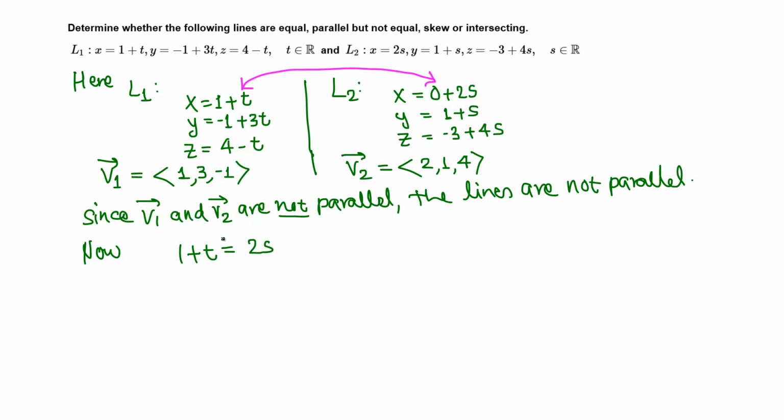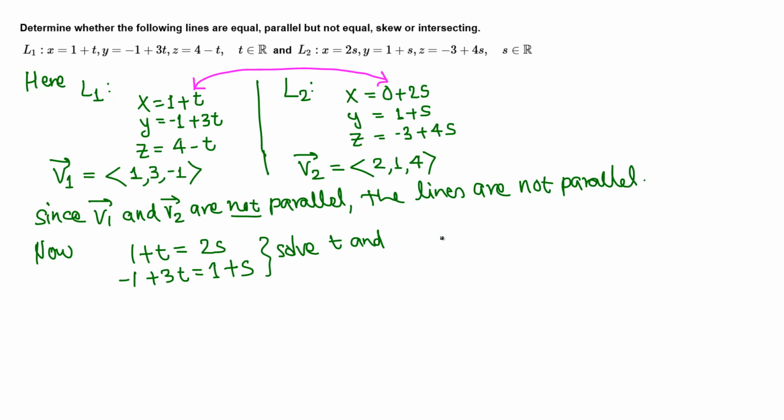Similarly, y equals y: negative 1 plus 3t equals 1 plus s. Then we'll take care of the third equation later. Solve these for t and s.